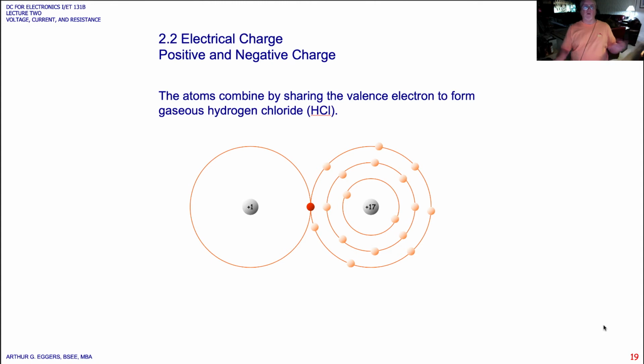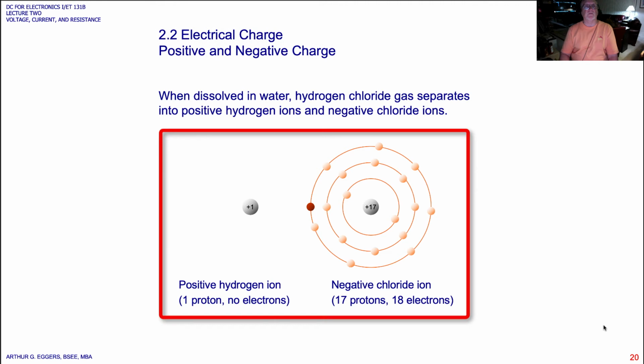Okay, so with those two being very susceptible to each other, you can see how we form other compounds with individual elements. Okay, so when we do that, then you'll notice that the electron now has clearly embedded itself into the chloride ion. So now we have a positive hydrogen ion, one proton, no electrons. So it's now become more positively charged.